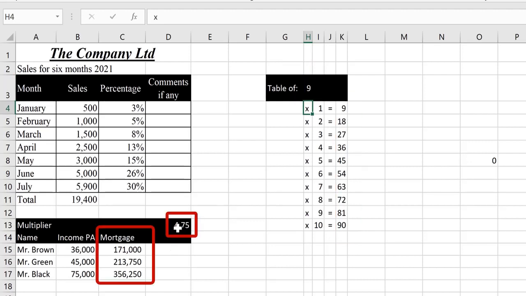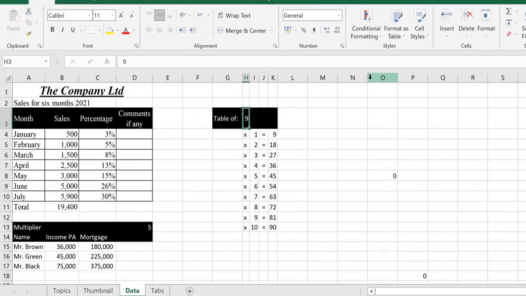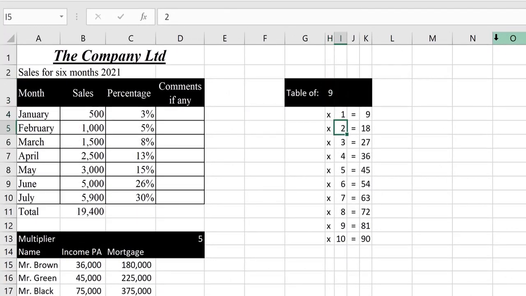On the other hand, for the mortgage calculation, if a lender is offering 4.75 as a multiplier, and the lender decides to change the multiplier to 5, the impact on the mortgage calculation will be updated accordingly. In our example, we have made the cell reference absolute for both row and column.